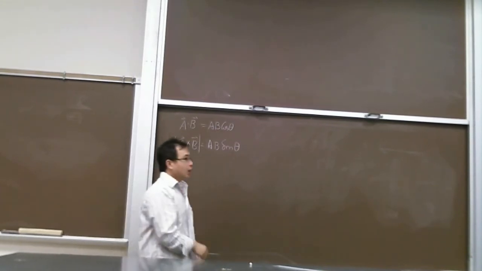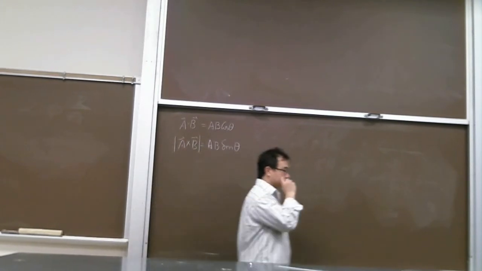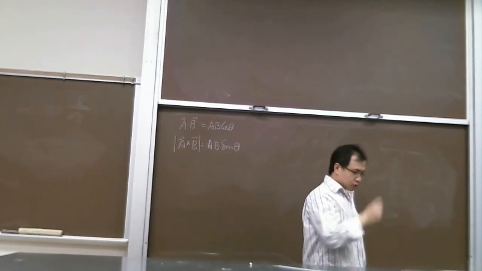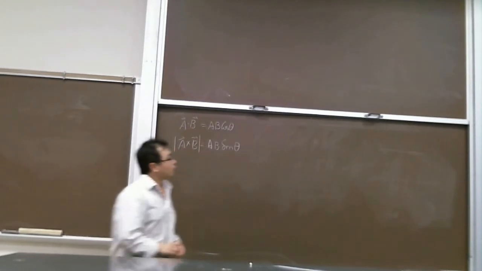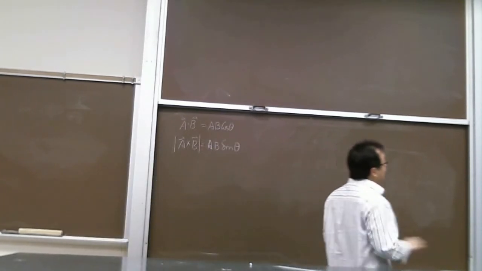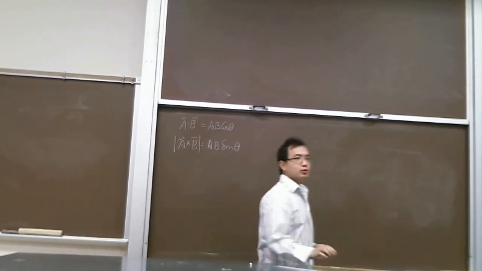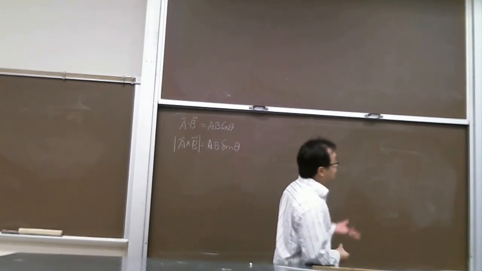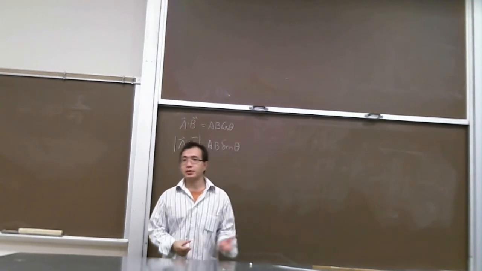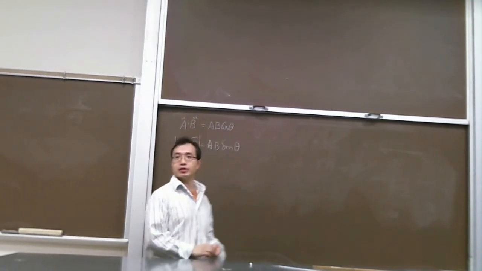So the direction is that. One thing I would like to talk about is that from this right-hand rule, you can see that the vector product, or the cross product, is not commutative. In fact, it's anti-commutative.